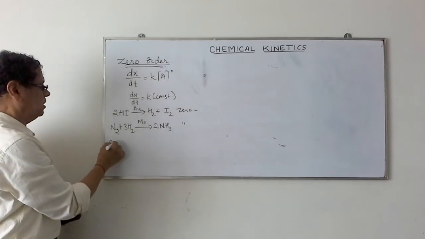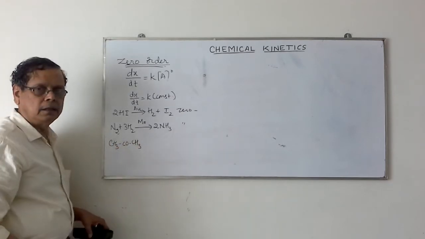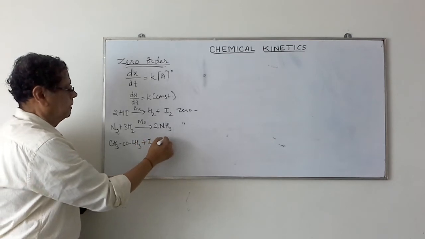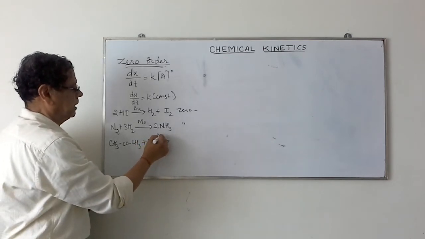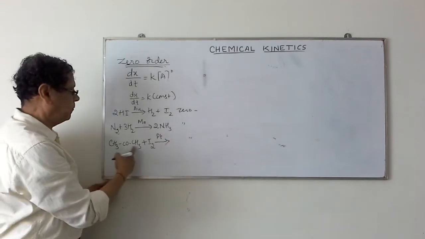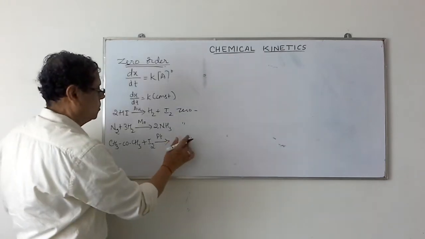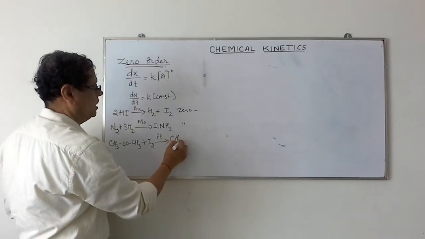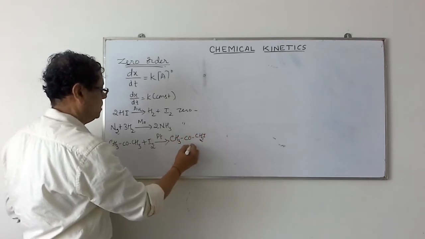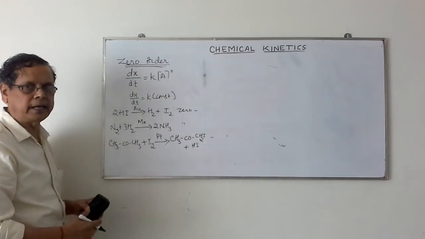Similarly, when you take CH3COCH3, this is acetone, and carry out the reaction with iodine in presence of the platinum catalyst, it will also follow the zero order reaction. The product formed will be the iodination of this acetone, that is CH3COCH2I along with HI. So this also follows a zero order mechanism.